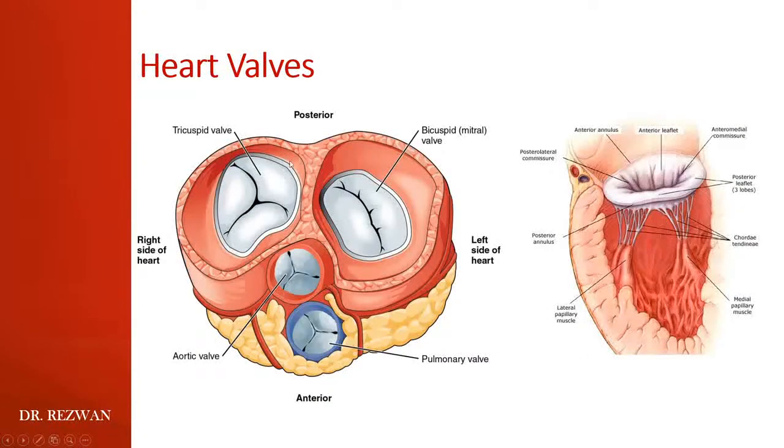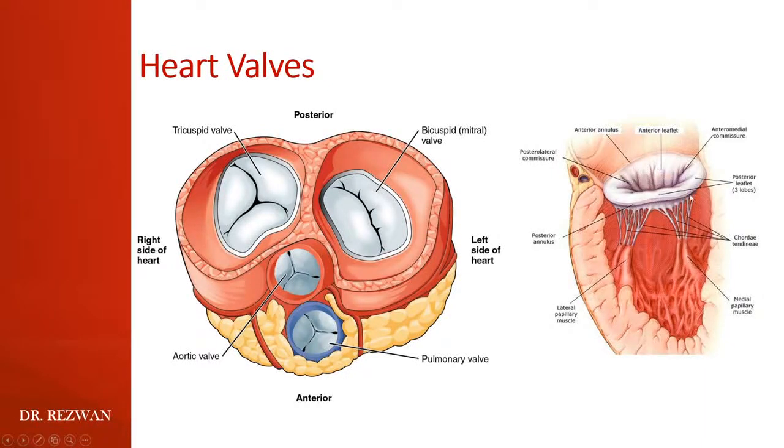Now this is the picture where we can see this is the tricuspid valve having 3 cusps, and this is the bicuspid valve with the 2 cusps, or the mitral valve. We can also see this is the aortic valve and this is the pulmonary valve. Interestingly, in the aortic and the pulmonary valve there are also 3 cusps. So aortic and the pulmonary valves are tricuspid in nature. And over here we can see how the cusps are actually attached.